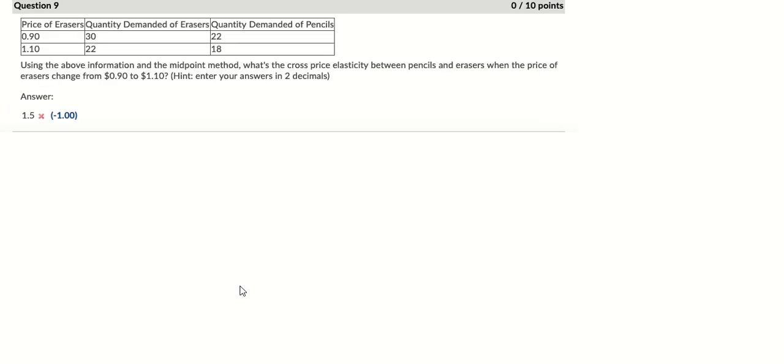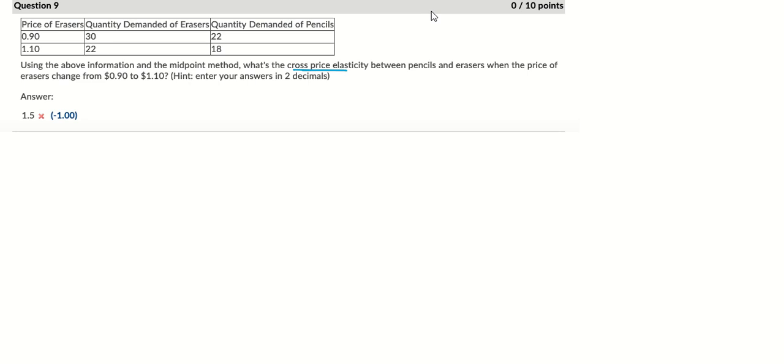Now the next question is similar but a little different. It's still using the same setup but different numbers. So price for erasers, quantity for erasers, and then we have our quantity for pencils. But now the question is asking for the cross price elasticity. For cross price elasticity, we compare the quantity demanded for one good against the price of the other good.